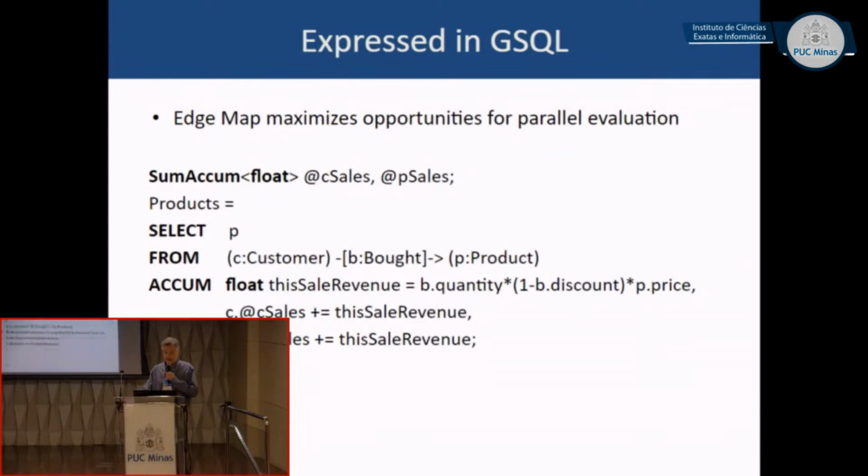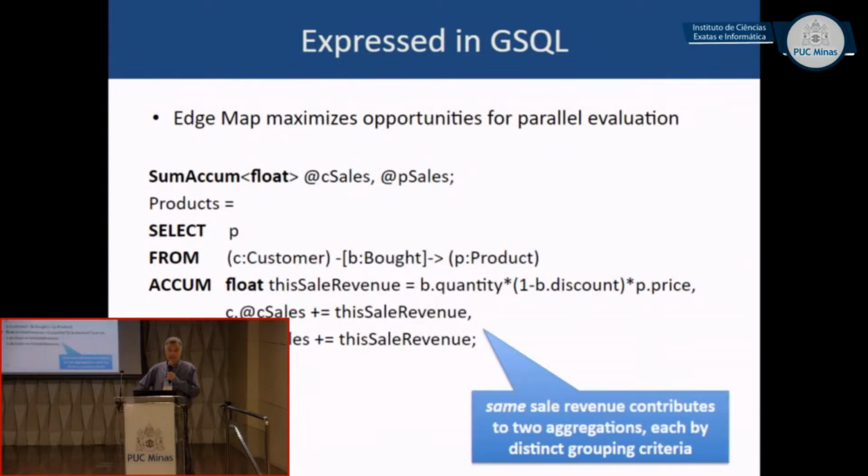And interestingly, notice that we have used the same sales revenue to contribute to 2 aggregations of the same data, but according to 2 distinct grouping criteria, one by customer, one by product.